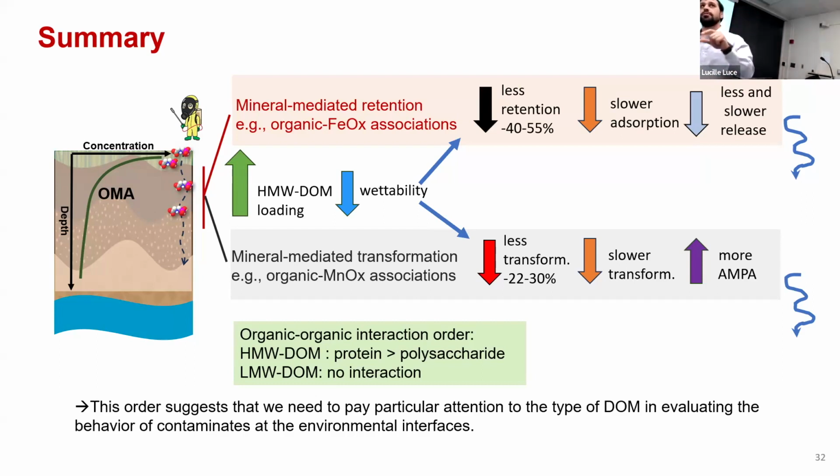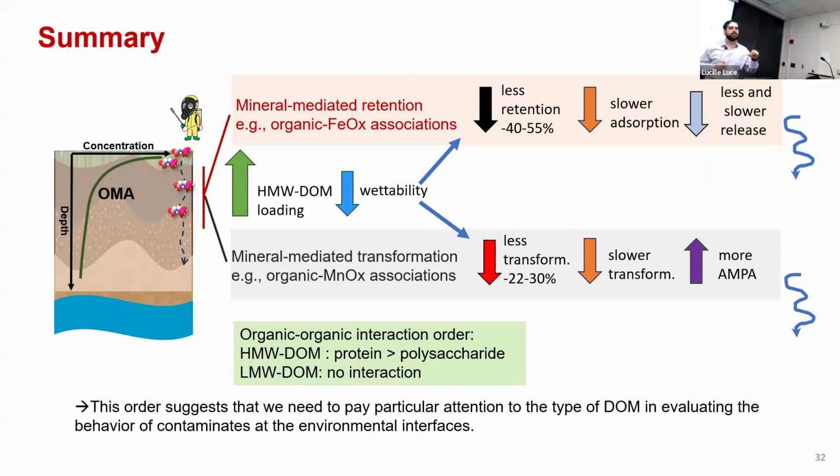In terms of adsorption for glyphosate, we're going to have less retention and also slower adsorption and slower desorption. All of this means more transport into the groundwater or as runoff into the streams.